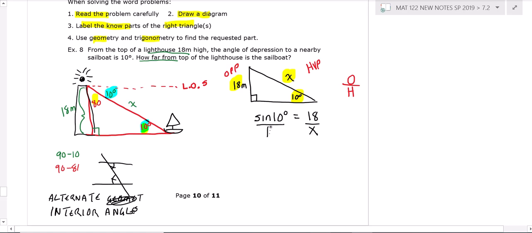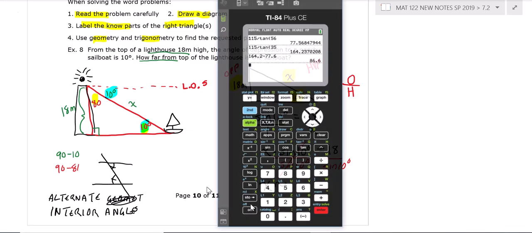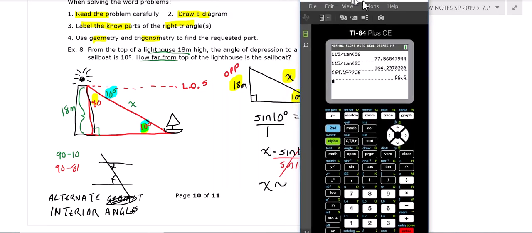So I'm going to put that over 1, cross multiply, so that's x times sine of 10 degrees equals 18. Then I can divide both sides by sine of 10 degrees and then get the calculator out, and then I got the answer. Okay, so let's get the calculator out and let's see what we get. Make sure you're in degree mode when you do this.